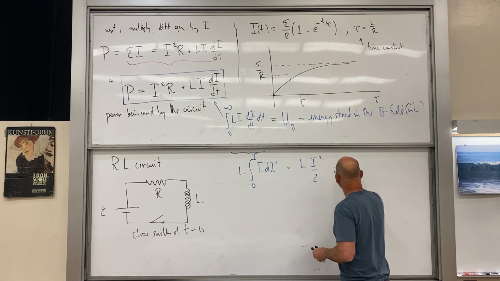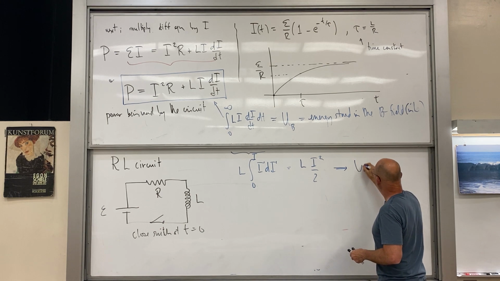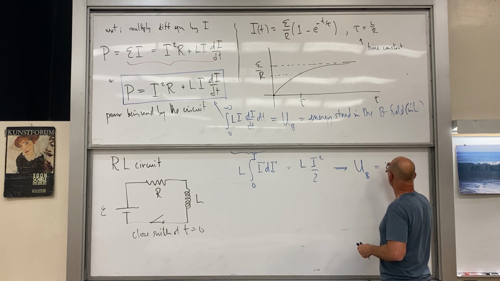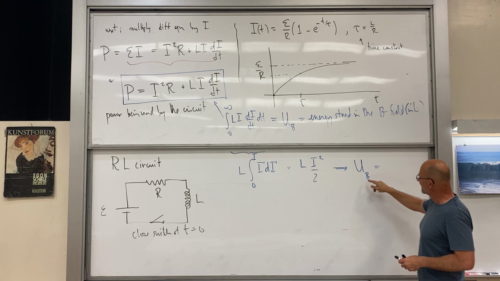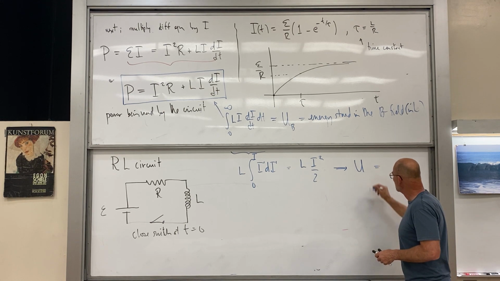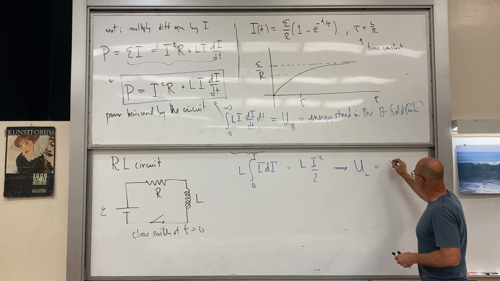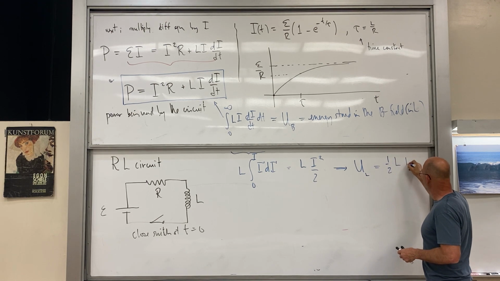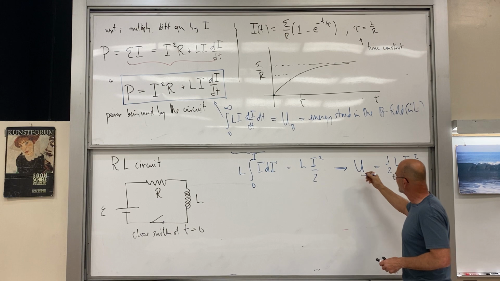So we have energy stored in the inductor or stored in the magnetic field, I'll call it U sub B, is equal to 1/2 L I squared.